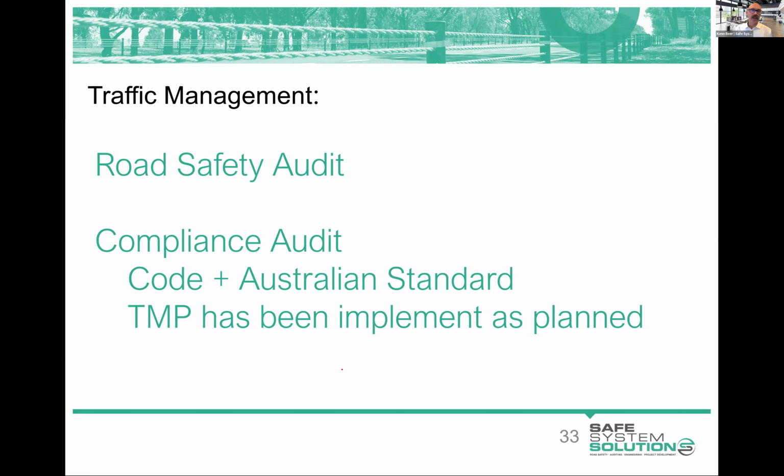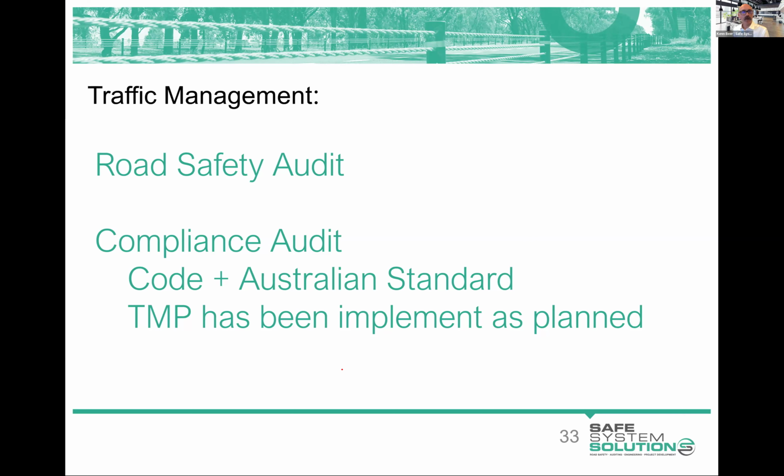There is a requirement that somebody is checking conformance with the Australian standard, the code of practice, for things like the bollard spacing and the correct signage use and those sorts of things, and that the traffic management plan has been implemented as planned, and that the traffic guidance scheme has been laid out on the ground the way it was planned.